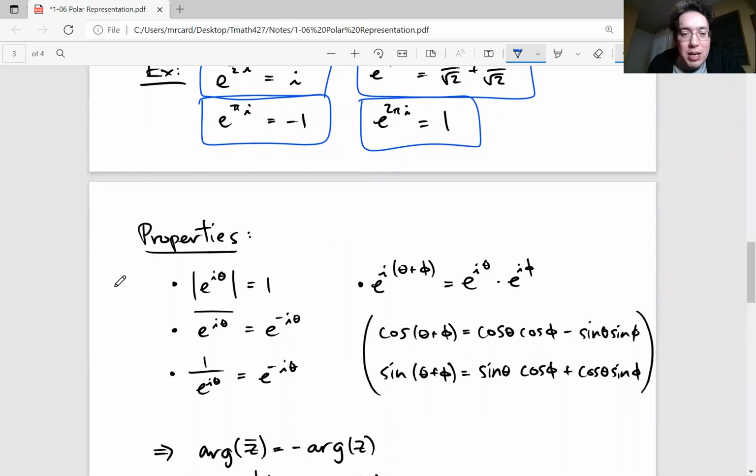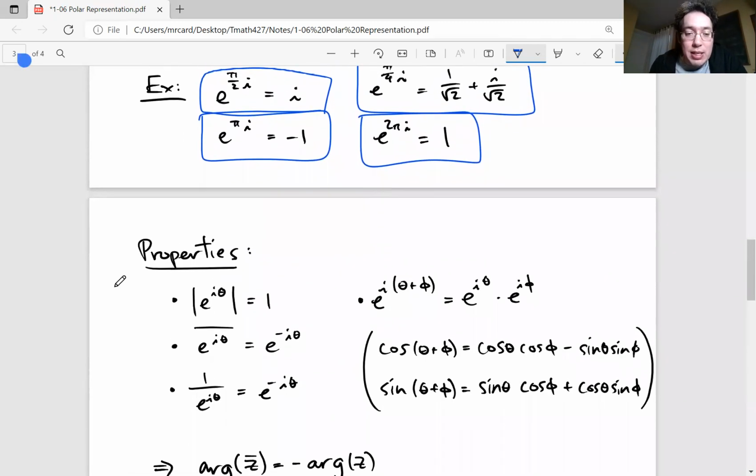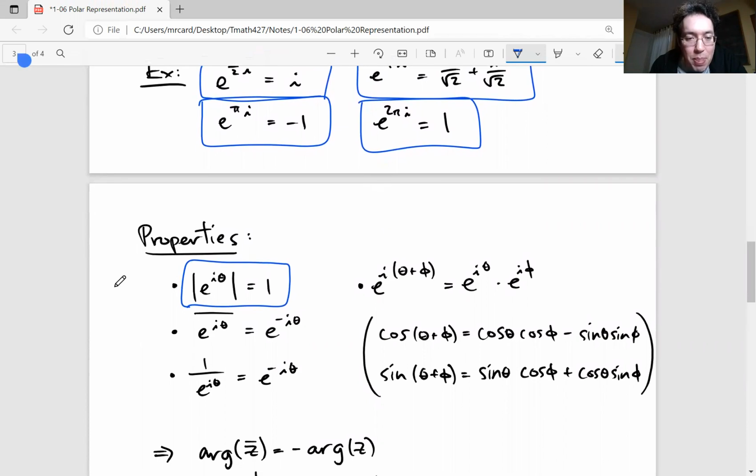Okay, some properties. e to the i theta traces a unit circle, so the modulus is always 1. If you look at the complex conjugate, that's the same thing as e to the negative i theta.